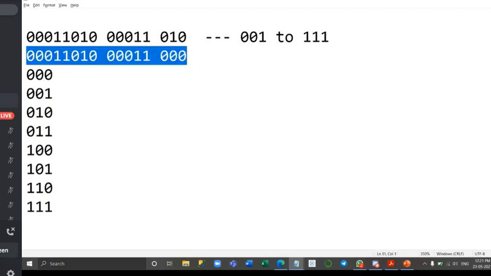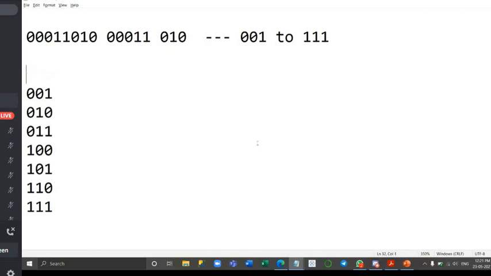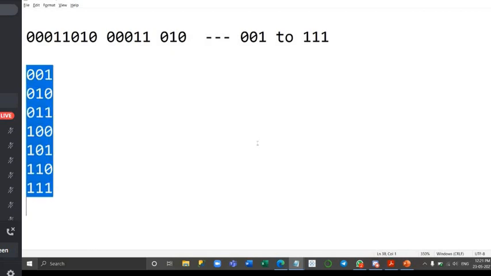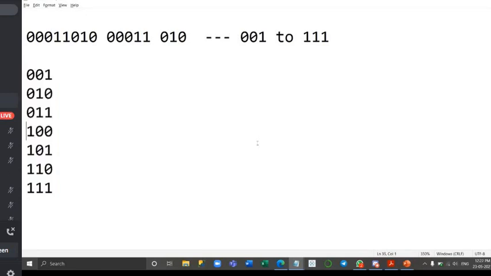Hence, we will get 8 addresses stored in the same memory location as the given one. If we exclude 010, then we will have 6 if we start from 001, and if we include 000, then we will have 7, because we are excluding the already existing one.